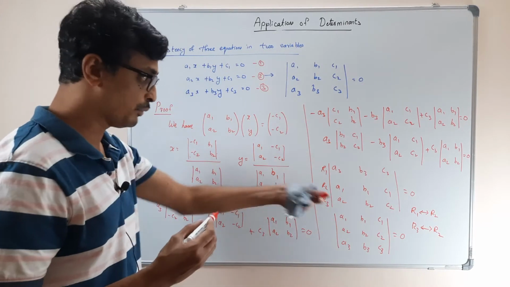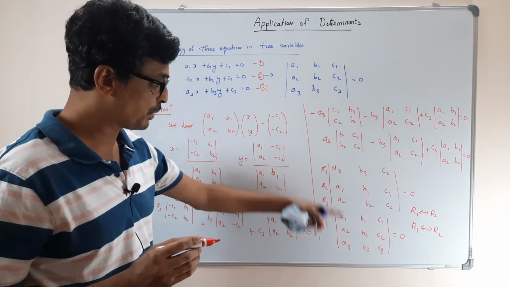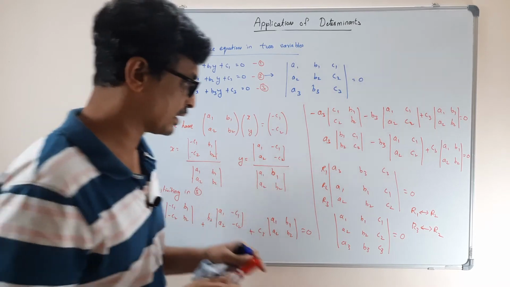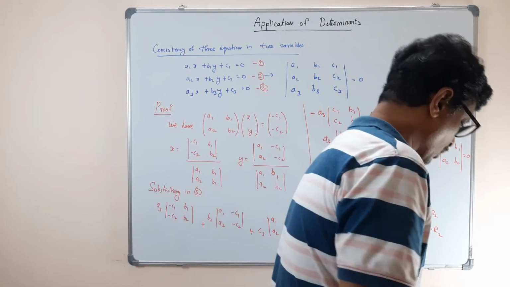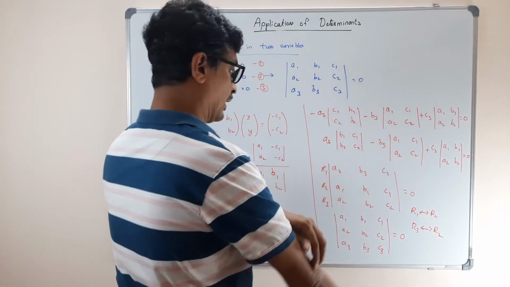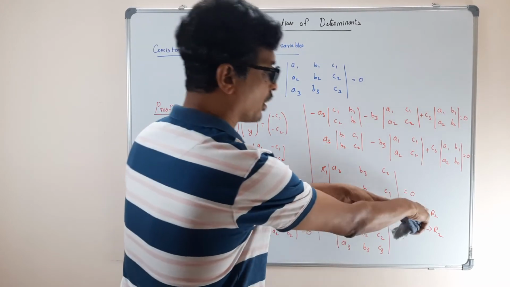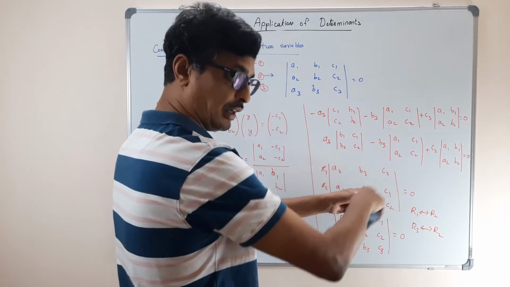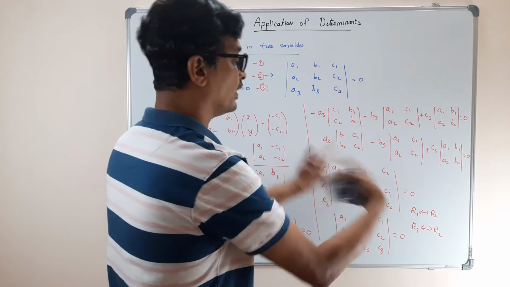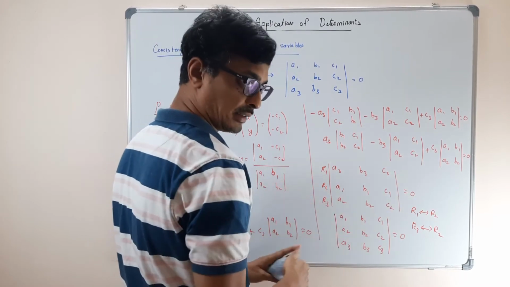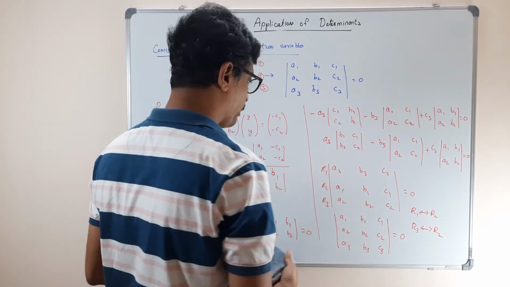Okay, in the exams you should write step by step. If you jump it like this, usually they cut the marks. Or you have to at least write first interchanging R1, R2, and then R3, R2, you will get it like this. Okay?